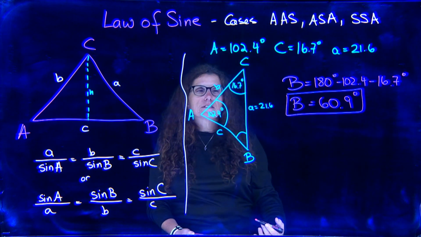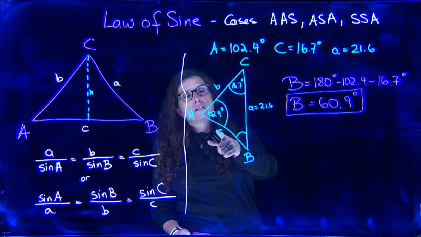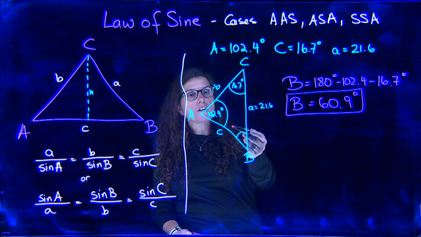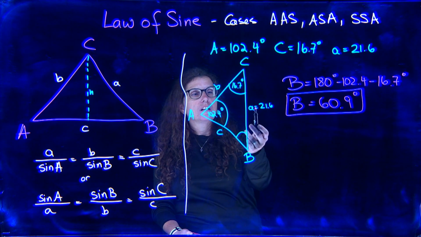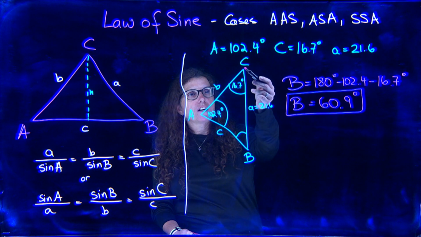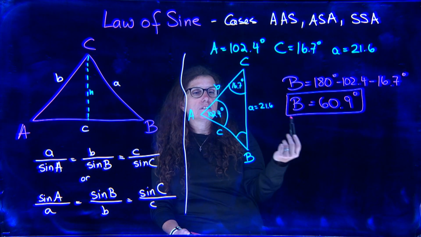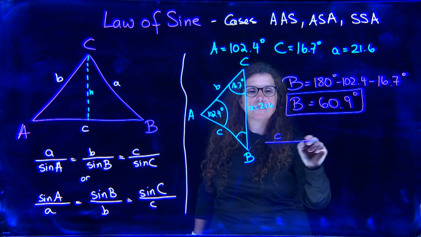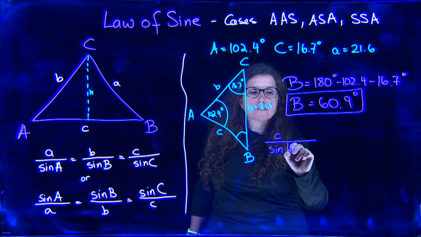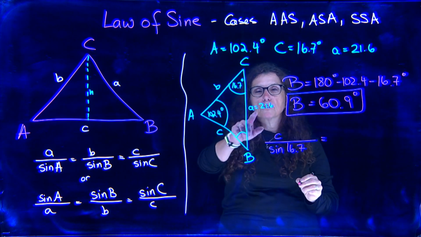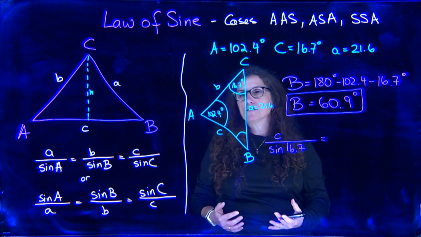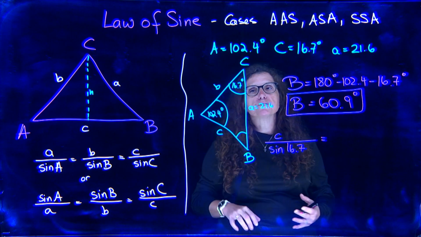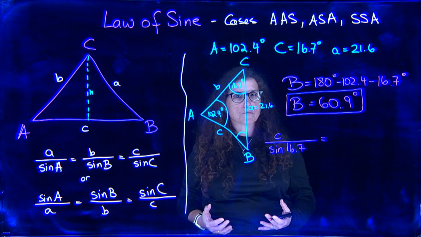Now, let's find side c. Side c is easy to find because we have the a side and we have angle A and we have the angle of C, and that way we can easily find the side c. So let me write c over sine of 16.7 equals, and I'm going to use A. No matter what I'm trying to look for, I always try to use the values that were given in the problem first.